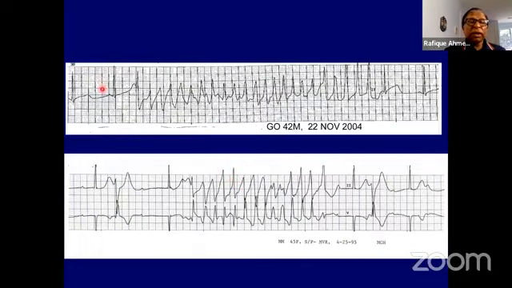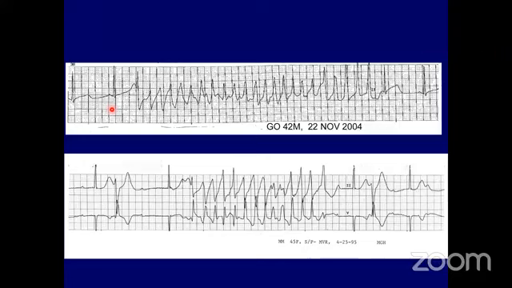how about this one? Anybody from the audience can tell me what this arrhythmia is? Can we get somebody to tell me what it is? Tushar? Looking at those two strips.